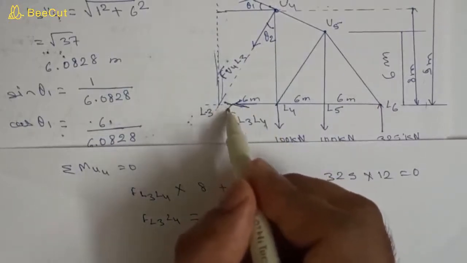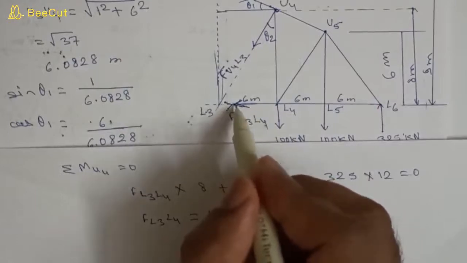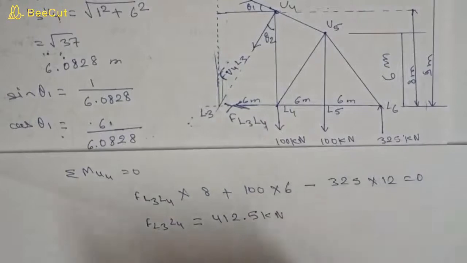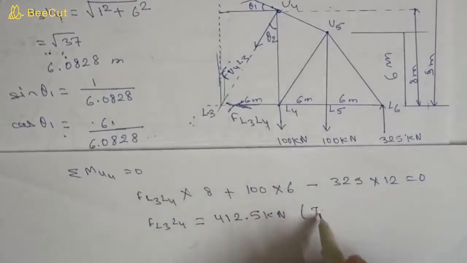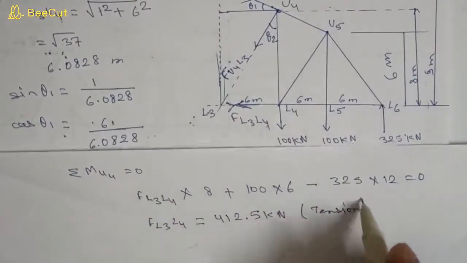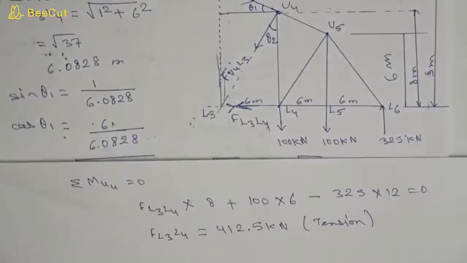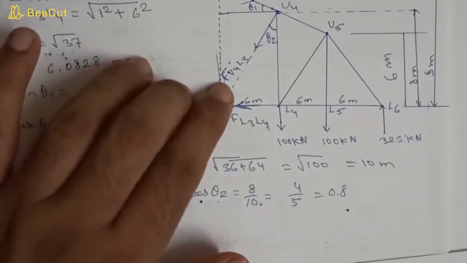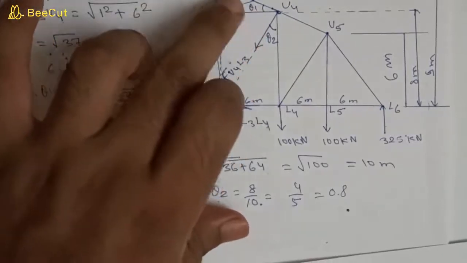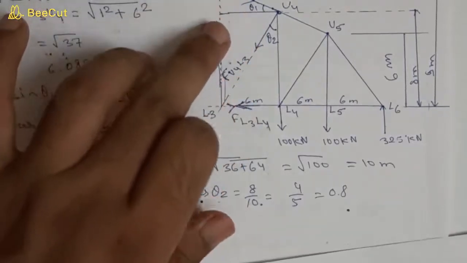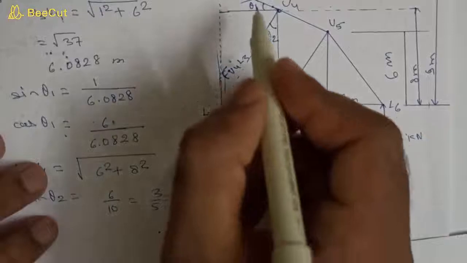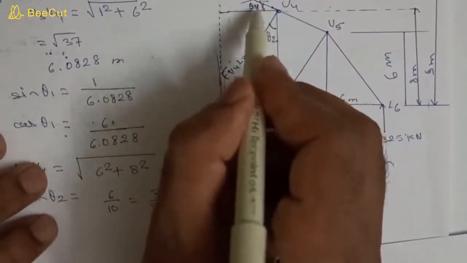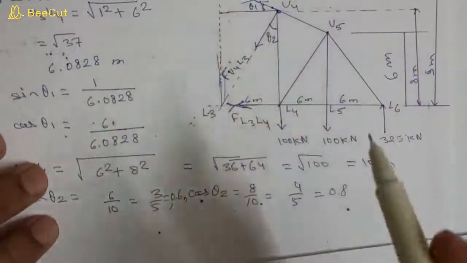You can see that F L3 L4 is in this direction, so at the other end it will be in the opposite direction. So it is an inward force, so it will be tension or tensile force. In case of F U3 U4 we have found 456.207.